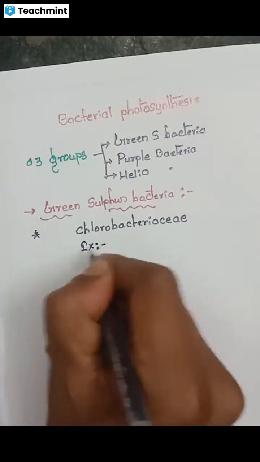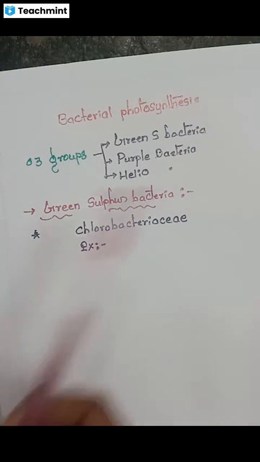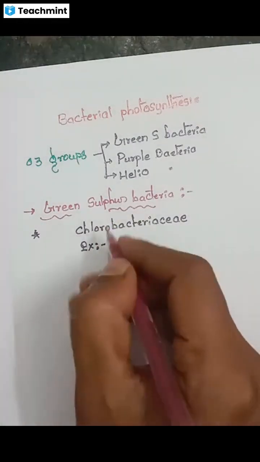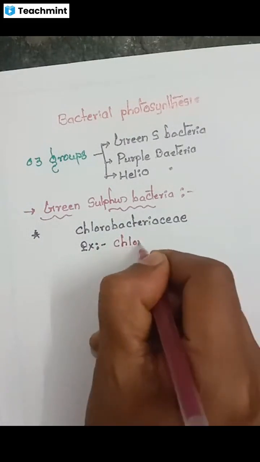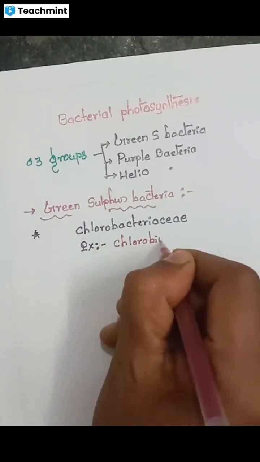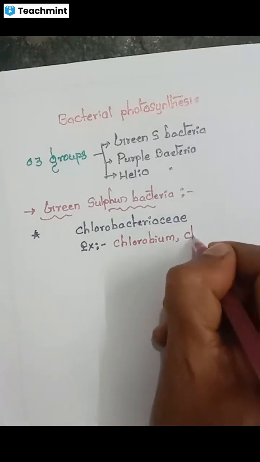Examples of green sulfur bacteria: the common ones are Chlorobium and Chloroseudomonas.